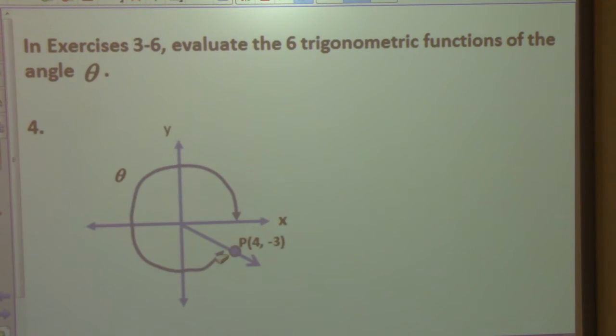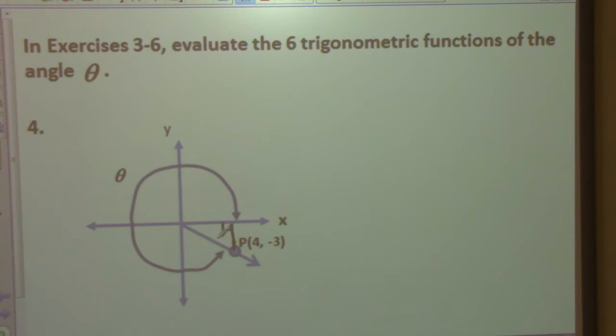So it leads us to problem 4 right here. And so again, reference angle is the same thing. You go straight up or down to the x-axis. In this case, now here theta is this whole thing around here.